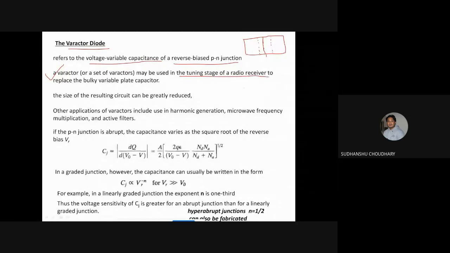In the tuning stage of the radio receiver, we have a big bulky variable plate capacitor which is used for tuning. This bulky variable plate capacitor can be replaced by a small varactor diode, because the varactor diode will also provide the same voltage variable capacitance effect which is already there in the tuning stage of the radio receiver, provided by a bulky variable capacitor.